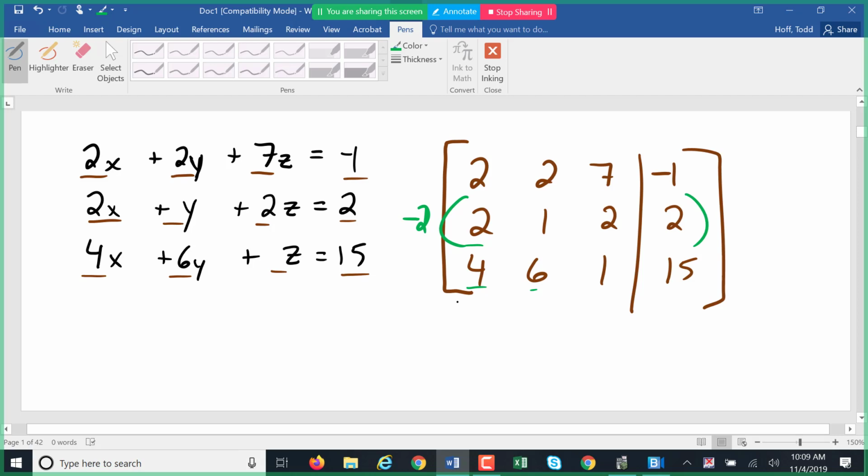My top row is still 2, 2, 7, negative 1. That middle row becomes negative 4, negative 2, negative 4, negative 4. Multiplied every term by the negative 2. The bottom row is still 4, 6, 1, and 15.